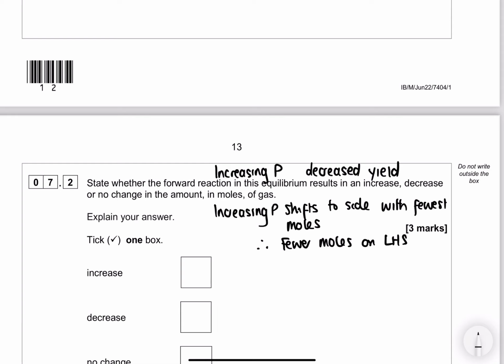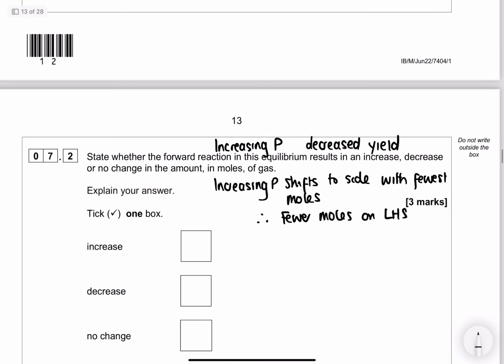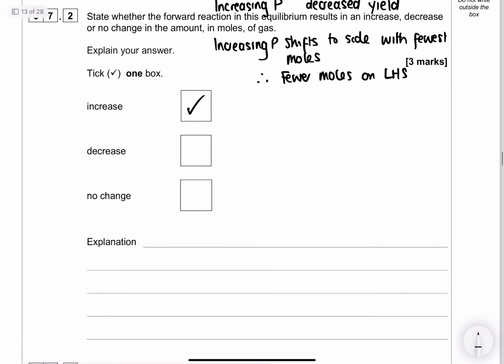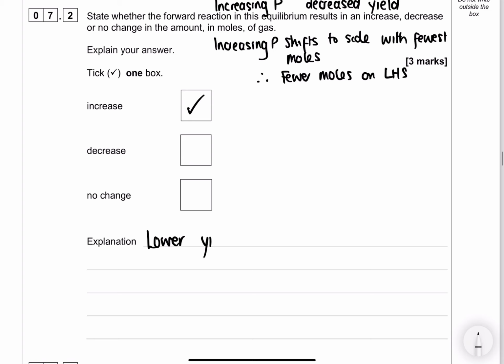As a result, there must be more moles on the right, so the forward reaction results in an increase in moles. So there was lower yield at higher pressure.